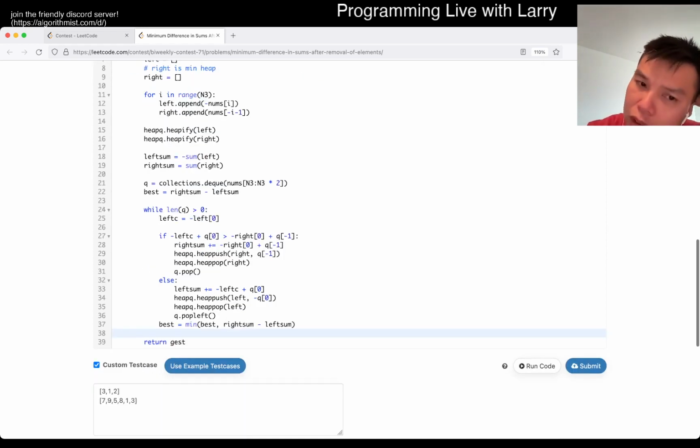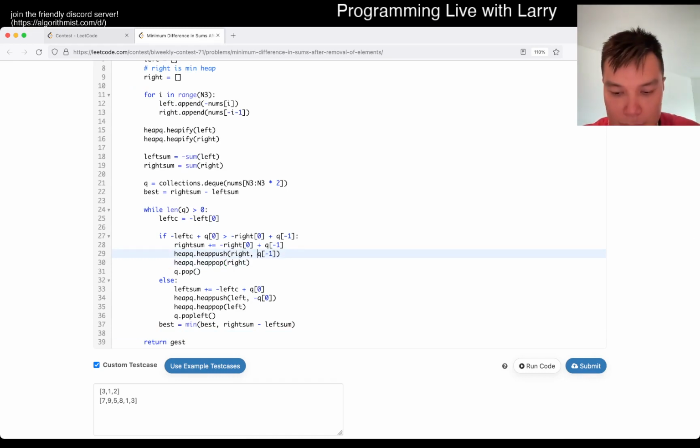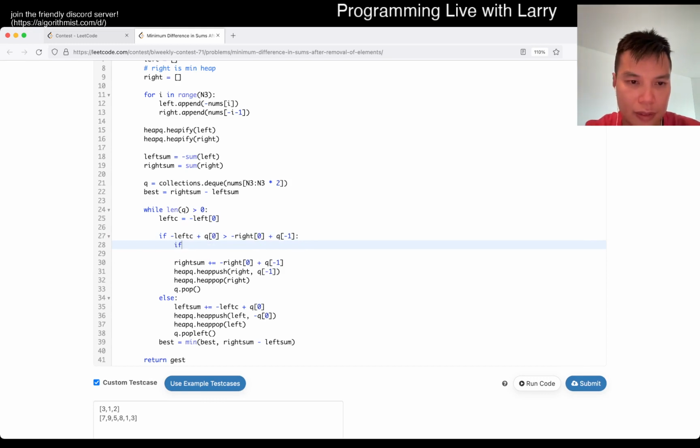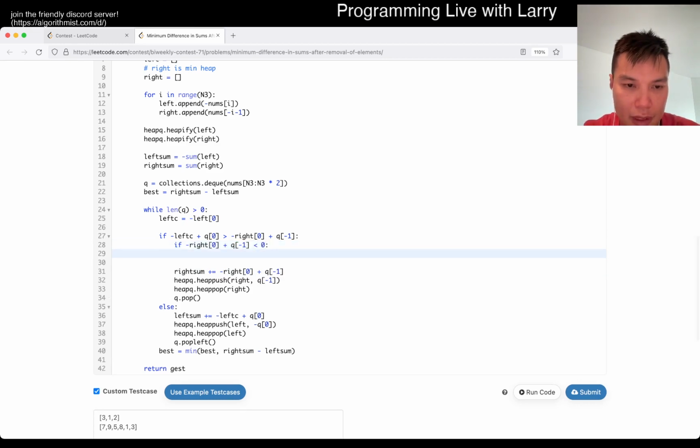Because you would only do this if this makes sense. But in this case, both of them are not great for you, so it doesn't really matter. Okay, then in this case, if this is negative, then we just pop without caring.